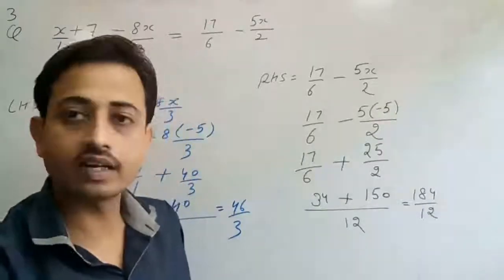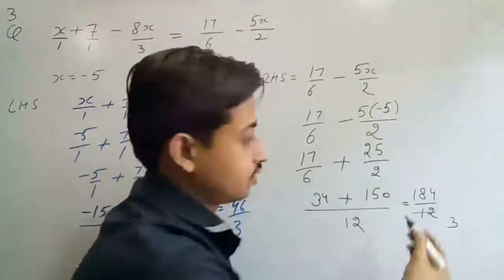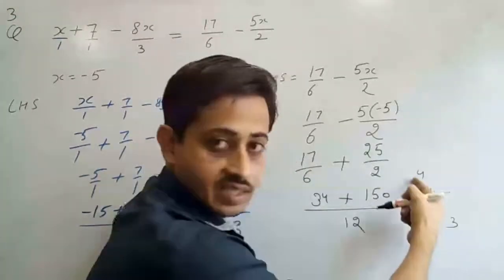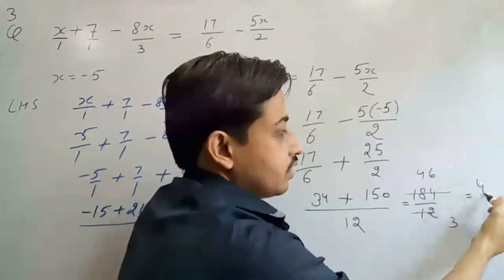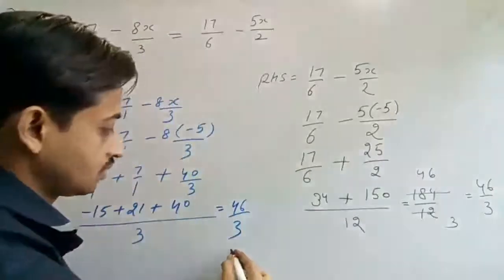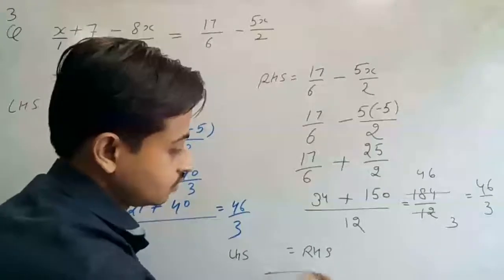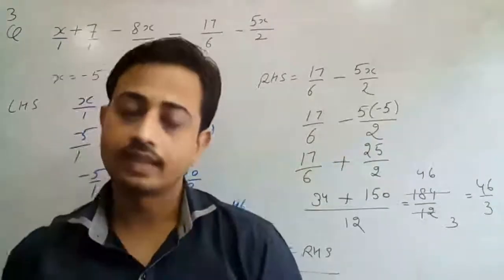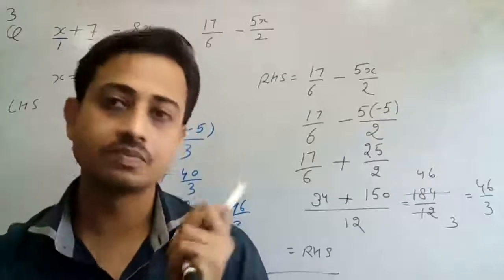Now cut it on the table of 4. 4 threes are 12. 4 fours are 16. We carry 2. So 46. So we get 46 by 3. So this is our left hand side and this is our right hand side. So left hand side is equal to right hand side. So we have verified our result. Please make a note.